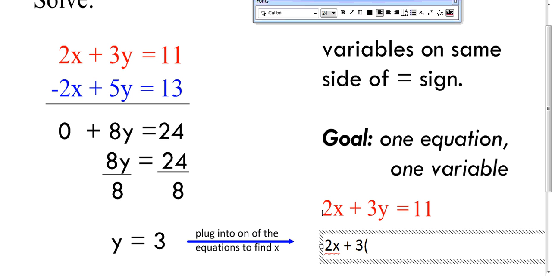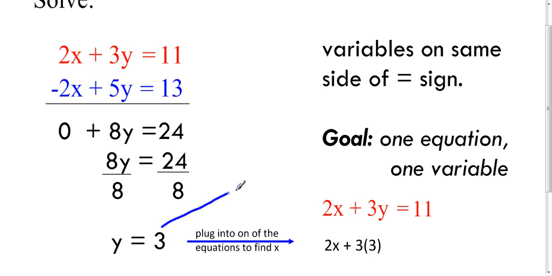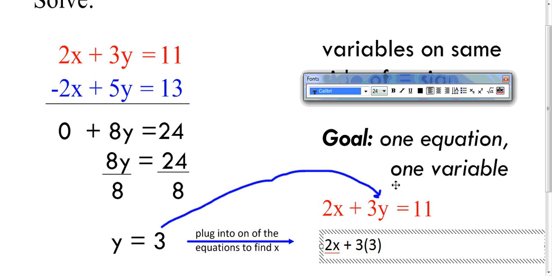Remember, that's what's coming over here. So I'm going to take out that y, plug the 3 in right there. Yes, it's ugly. I'm sorry. You can deal with it. And that's going to equal 11.